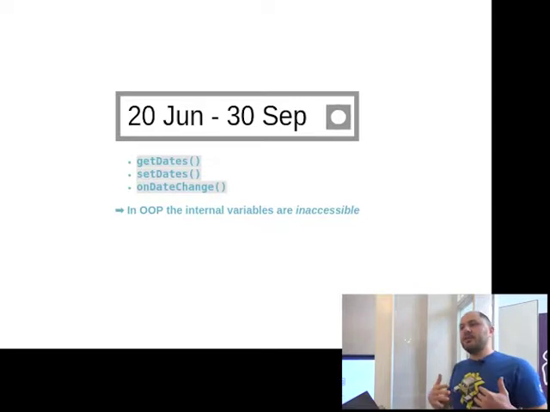And the only way that the user code can access that is via methods. I assume that a date picker could have a get state, set state, and a callback when the data changes. But an important principle in object-oriented programming is that we want to isolate the internal implementation from the outside, for compatibility reasons.